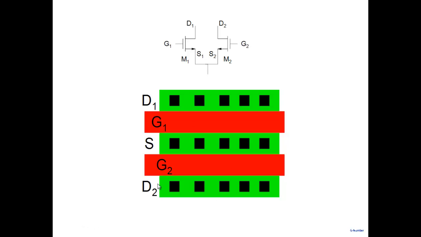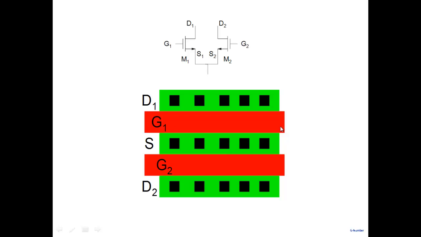Can I make two transistors such that the distance between them is zero? Zero distance between them. Two transistors with an effective distance between them, zero. Sources are connected here. Source is common.